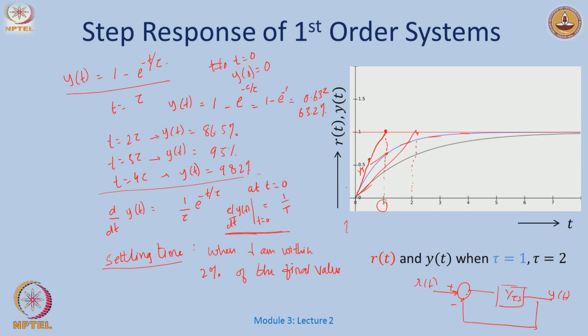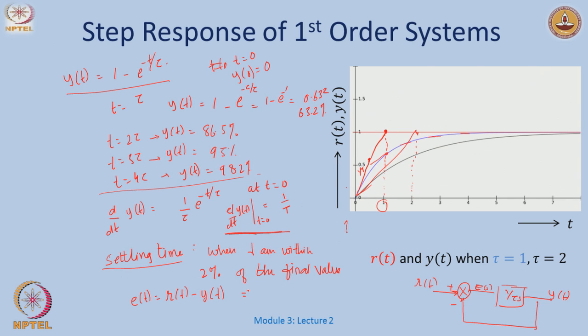If I call the difference between the reference and the output the error signal, E of s, let me define the error E of t as r of t minus y of t.